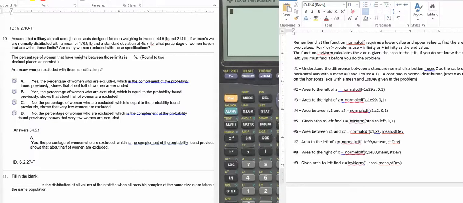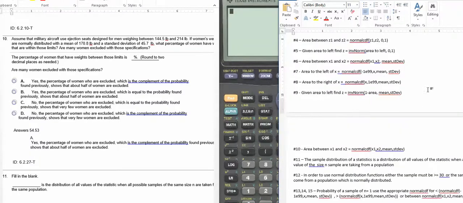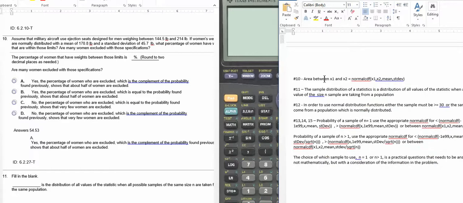This problem is exactly the same as the previous problems that we've done, in that we are looking at the area between two values. So looking that up, we can do that. The question then wants to know, are many women excluded from this? Well, once you get the percentage, you know whether the percentage is sufficient, and what you'll get is 54.53.